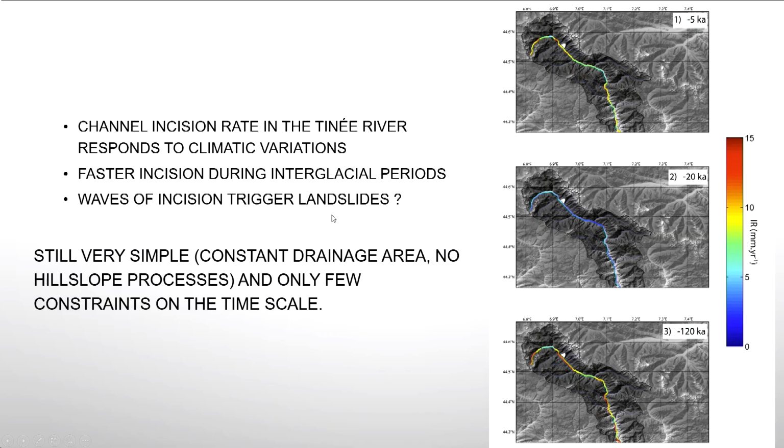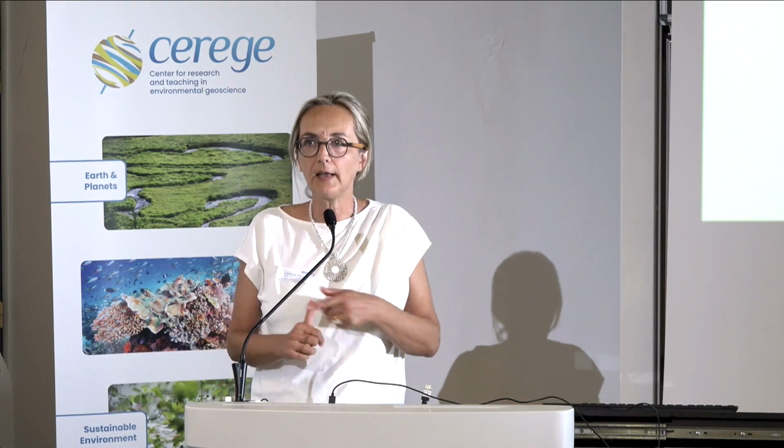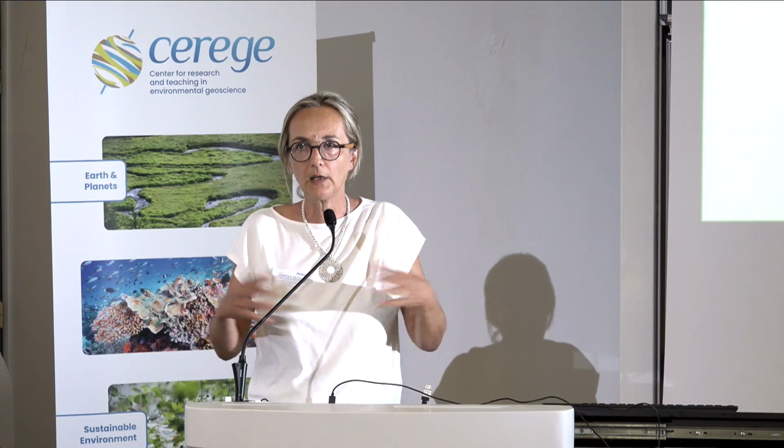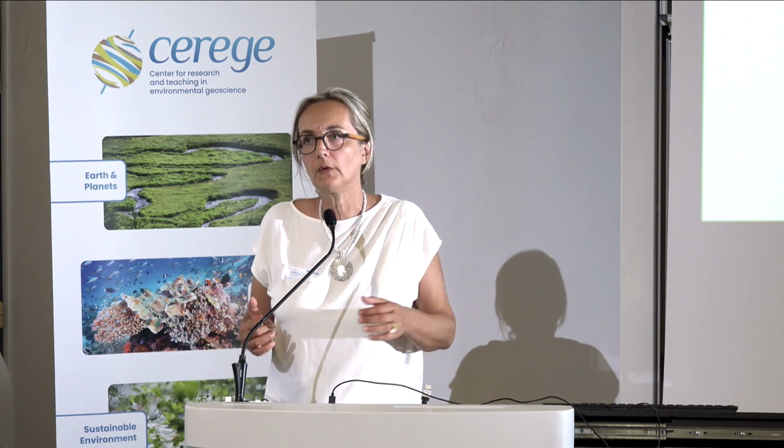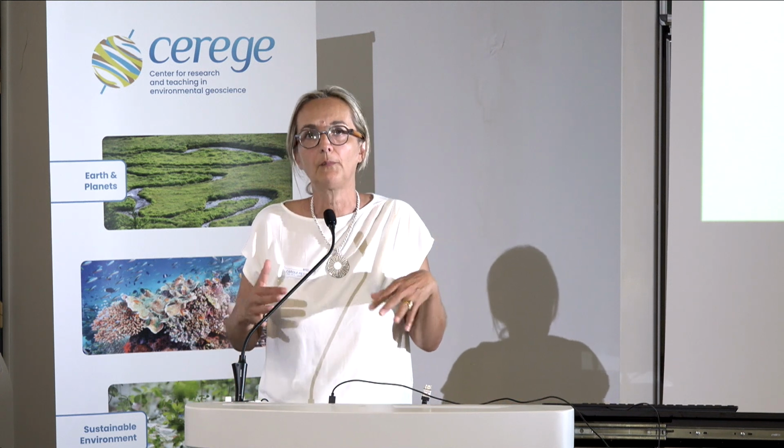So, okay, a next step towards modeling the evolution of the relief. Still, it's something that is very simple. We do not take into account the possibility that the drainage area changes with time, which is false. It has changed. We do not take into account the effect of hillside processes.